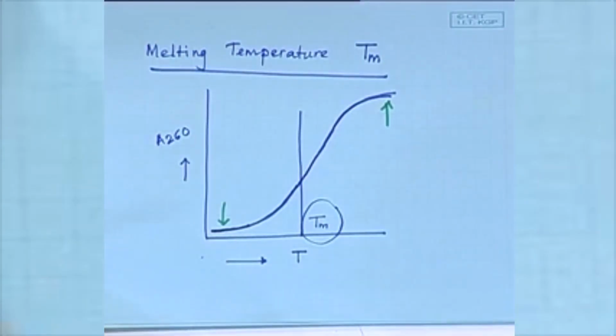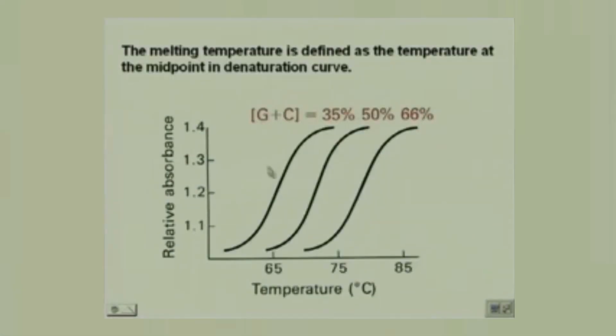Now, look at what I have: 3 denaturation curves here. So, I have 3 corresponding melting temperatures of 3 different DNA samples that have differences in their G plus C content.